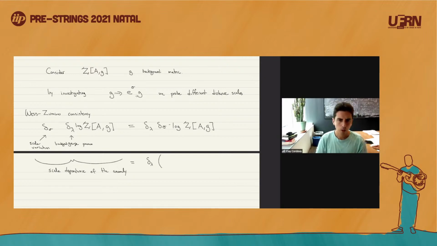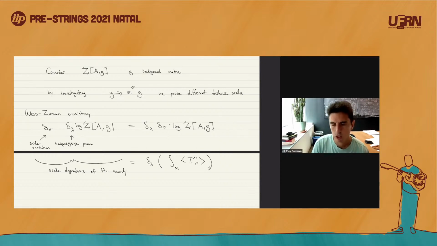We're working to first order in sigma. So any change in the metric is the same as an insertion of a stress tensor. And the change in the overall scale is the same as the insertion of the trace of the stress tensor. So this is the integral over our space-time manifold of the expectation value of the trace of the stress tensor.